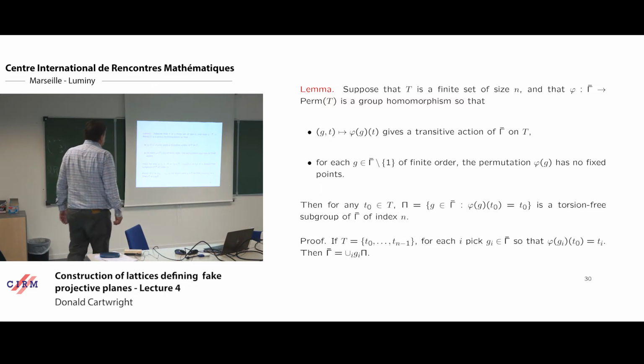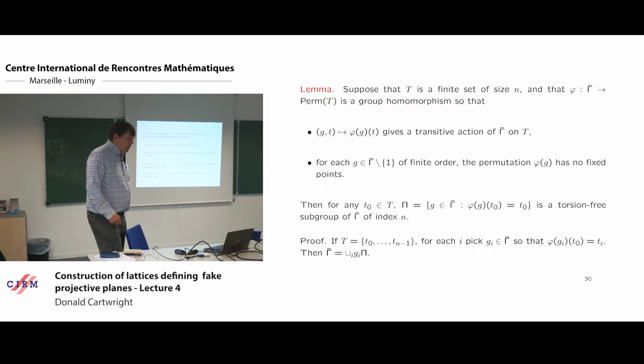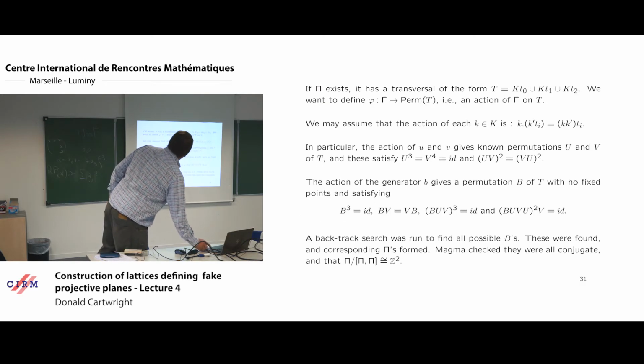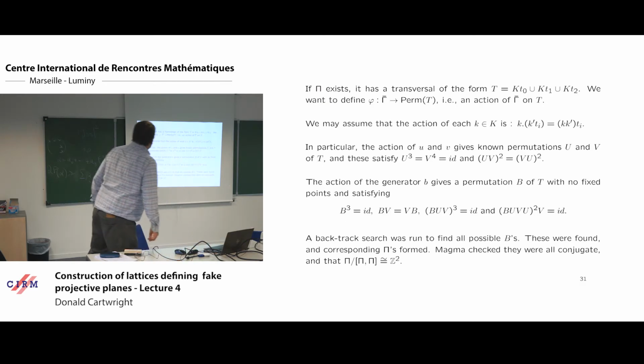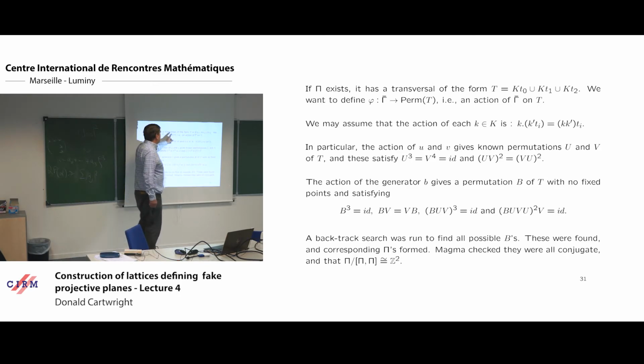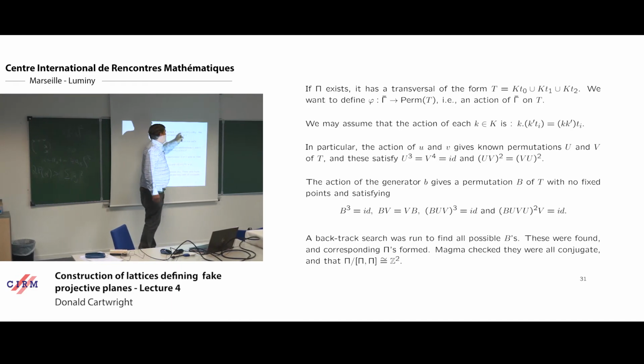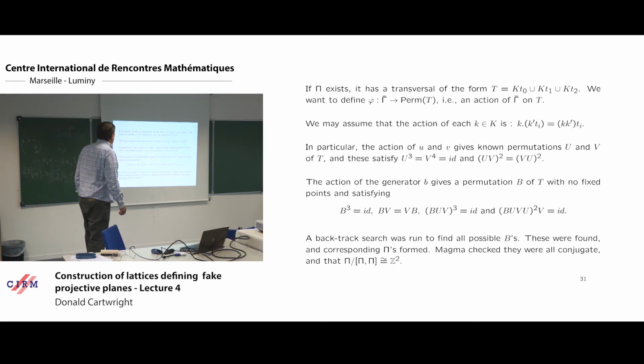So the idea of the C program when looking for this is to take a transversal of our group gamma bar. Because of the first lemma on the second but last slide, we know that the transversal can be chosen of this form.